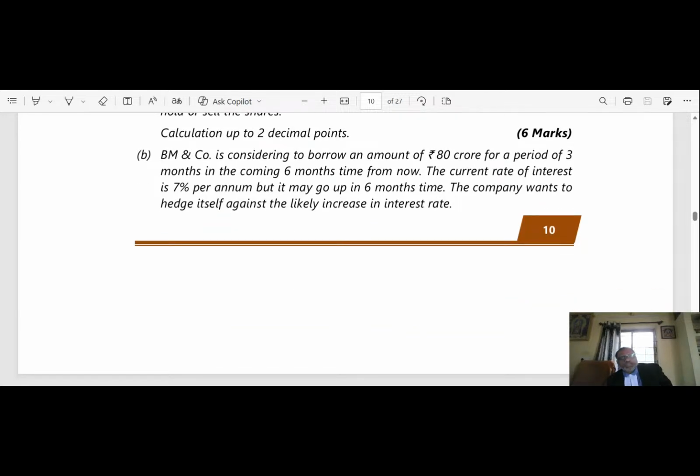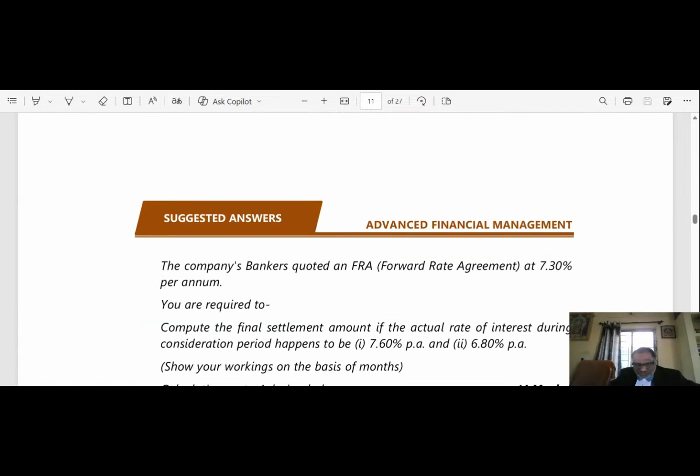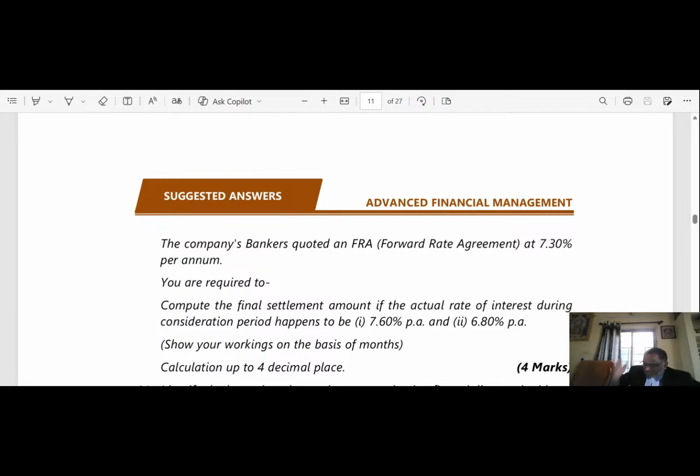BM and Co is considering borrowing 80 crore for a period of 3 months, starting 6 months from now. The current rate of interest is 7% per annum, but it may go up in 6 months' time. The company wants to hedge itself against the likely increase in interest rate. The company's banker quoted a forward rate agreement at 7.3% per annum.